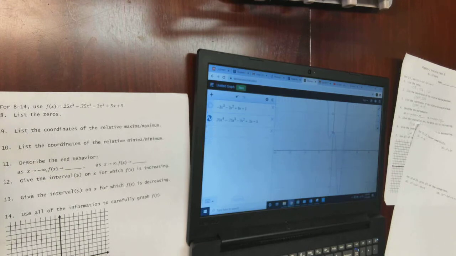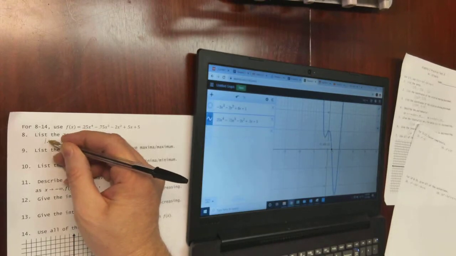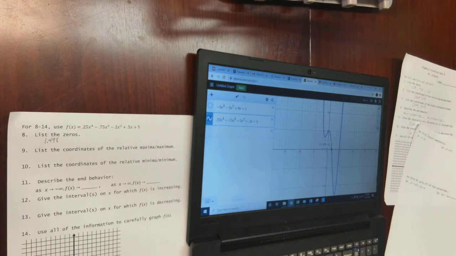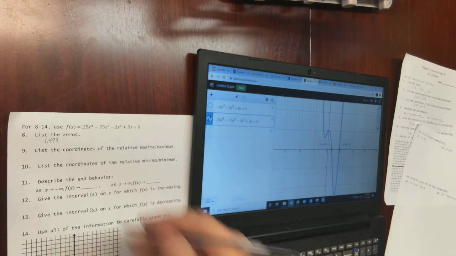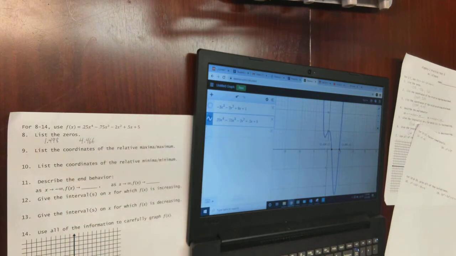I see a couple. Okay, slow down here. Here we go. I see one right here, 1.498. I see another one right here at 4.466.